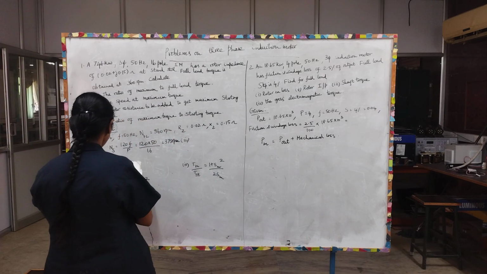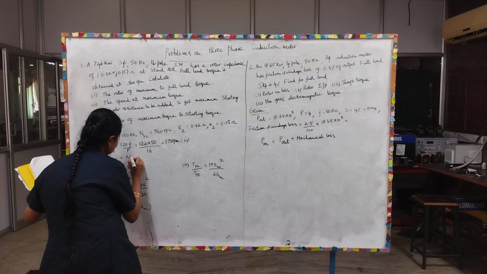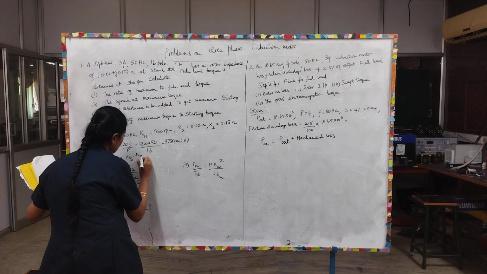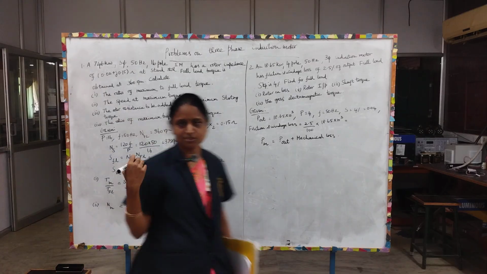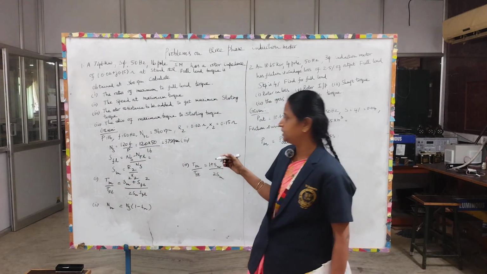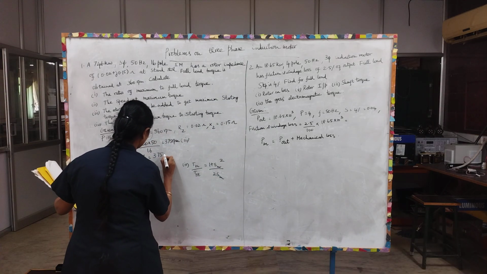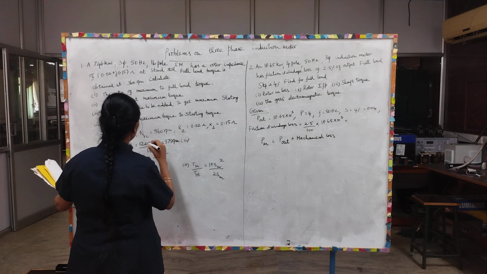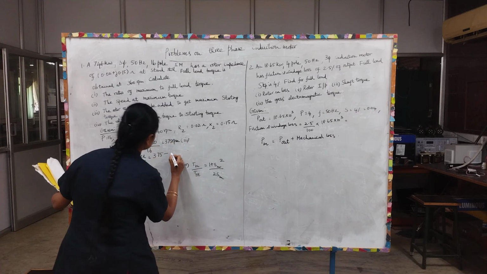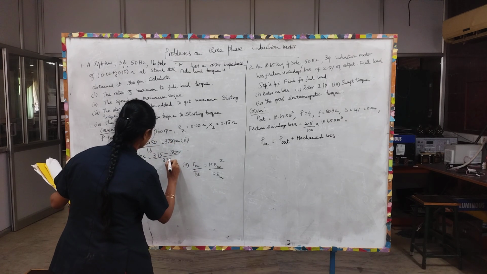Okay, so SFL is nothing but we can calculate by Ns minus NFL divided by Ns, where Ns is synchronous speed and NFL is full load speed. So synchronous speed is given as 375 rpm minus full load speed is given as 360, divided by 375.